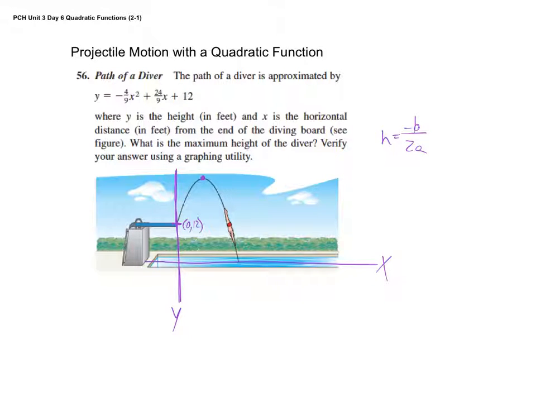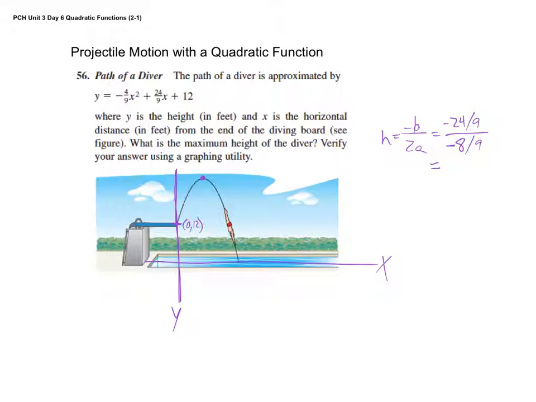Negative 24 over 9. Good, so negative 24 over 9 over 2a. What's a? Negative 4/9, so it's negative 2 times that. 2 times 4/9 would be 8/9. And what does that equal?